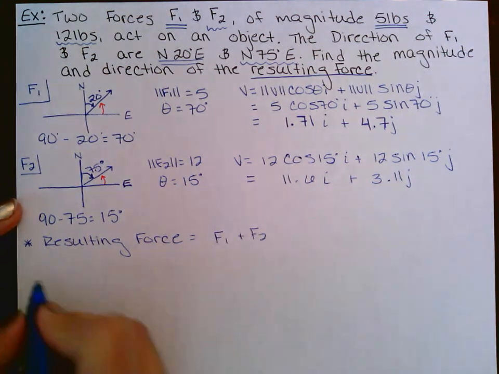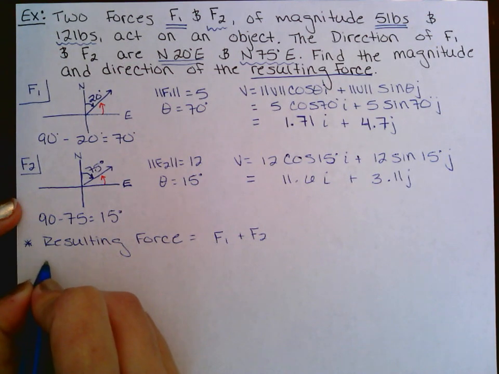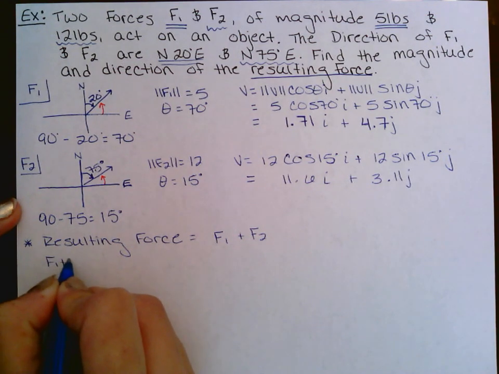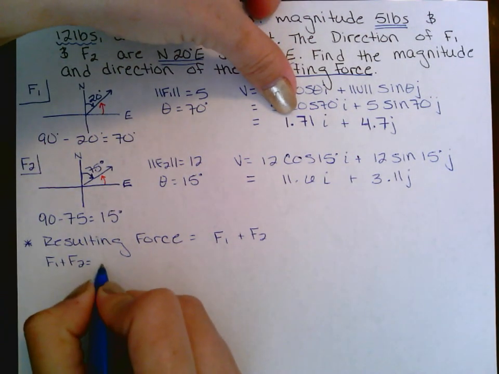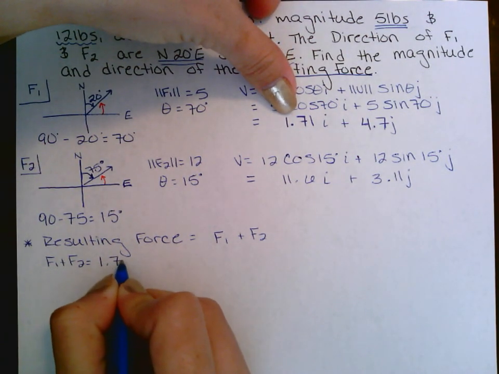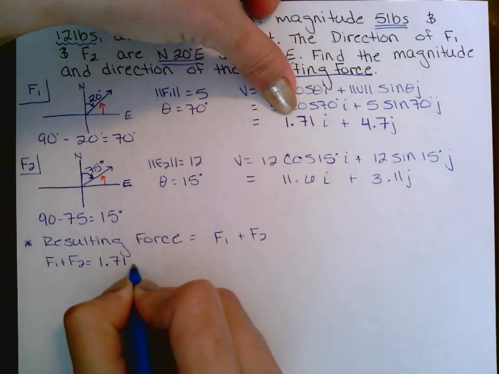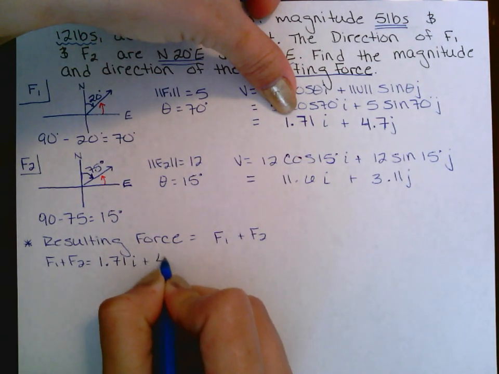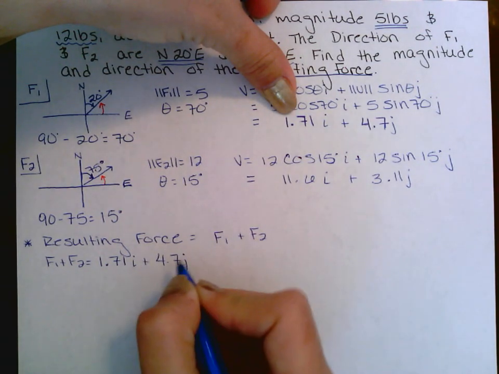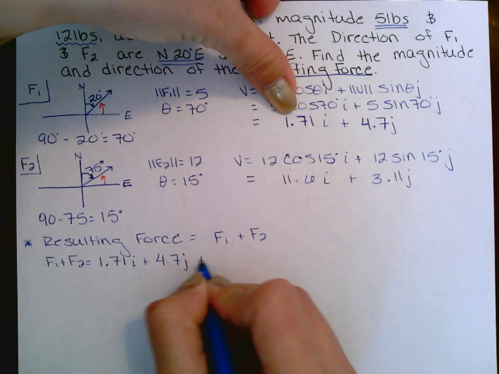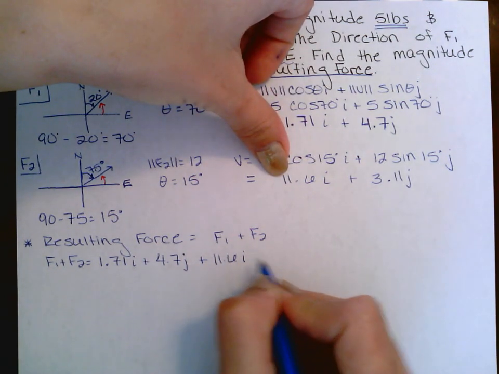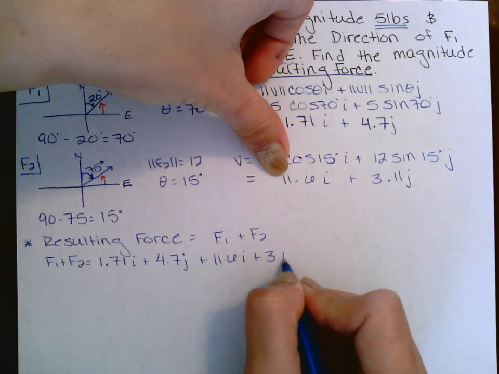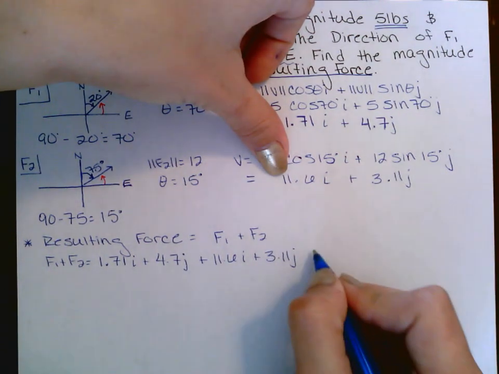In order to get F1 plus F2, I'm going to add 1.71i plus 4.7j, and then add it with this vector, 11.6i plus 3.11j.